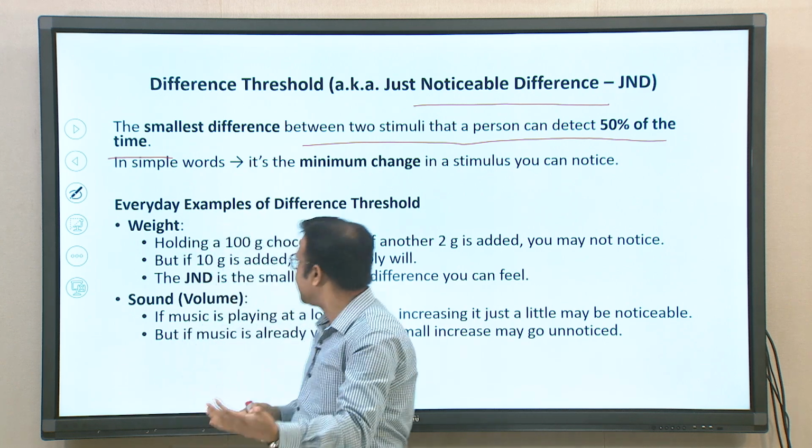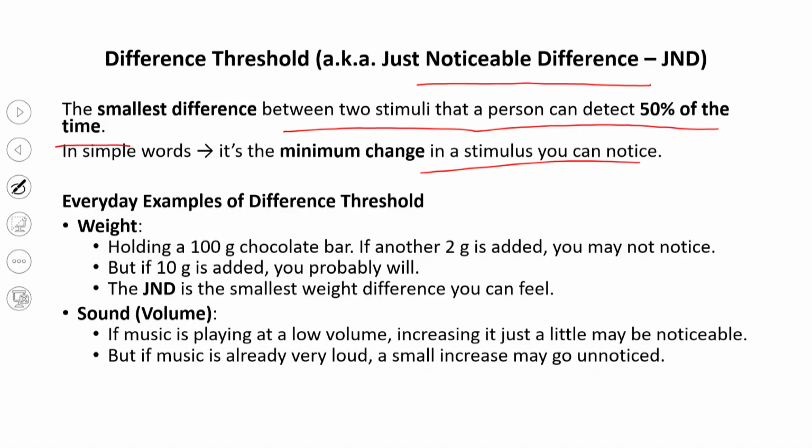It is the minimum change in a stimulus you can notice. For example, for weight, holding a 100-gram chocolate bar, if another 2 grams is added, you may not notice any change in the weight. So, let us say you have a 100-gram chocolate bar in your hand. If I add 2 more grams of weight, you may not notice any change in the weight.